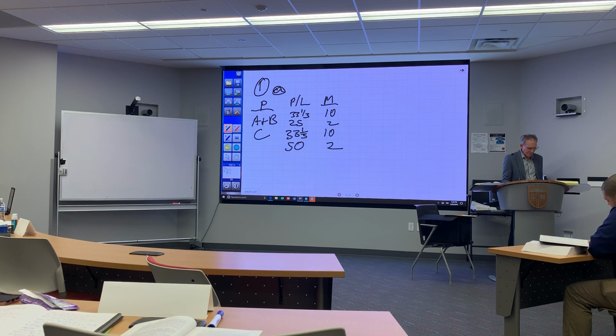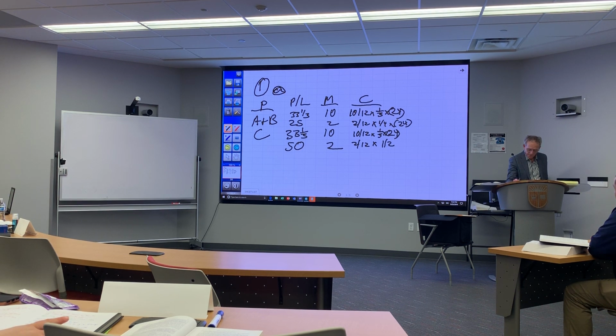So we know the losses here are 24,000. So the computation, right, is 10/12 times 1/3 times 24,000, plus 2/12 times 1/4 times 24,000, and for C, 10/12 times 1/3 plus 2/12 times 1/2 times 24,000.